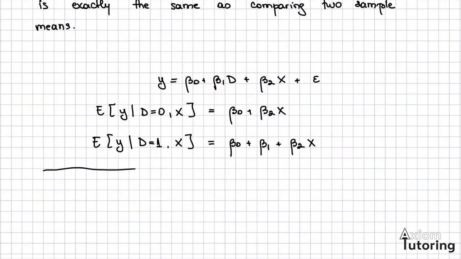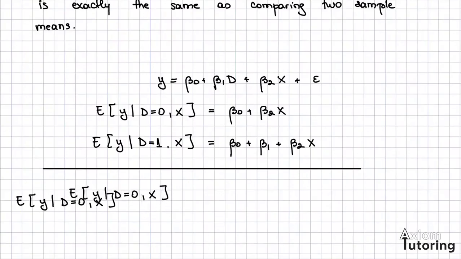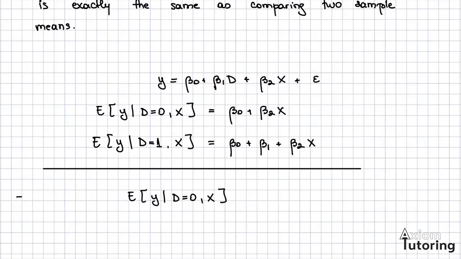So if we subtract again, just like we did earlier, and sorry, I'm going to be a little bit cheeky here and copy the expressions that I have, this is simply going to be equal to beta 1, because these two cancel out, and this and this cancel out as well. We're again left only with beta 1.